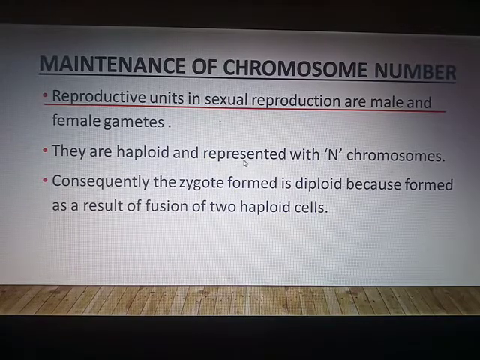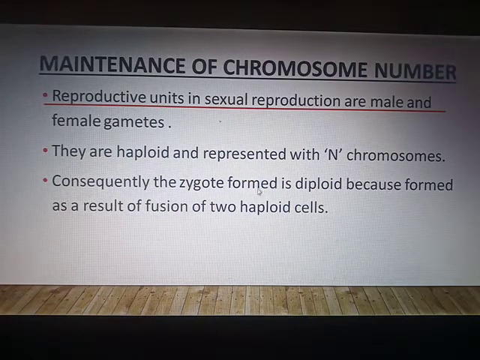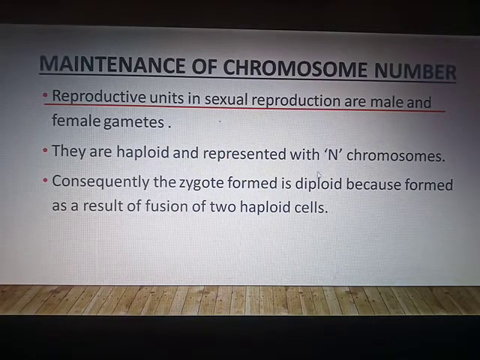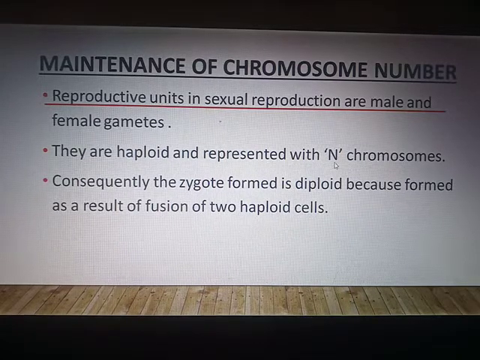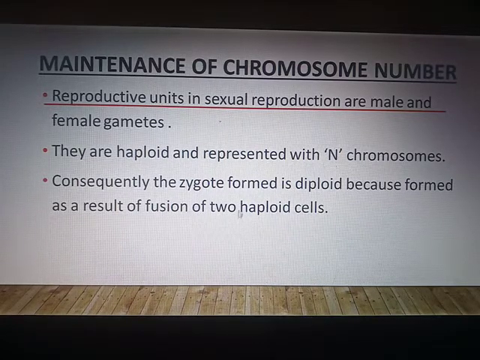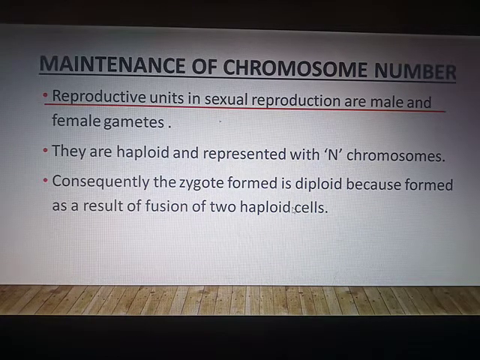Consequently, the zygote formed is diploid because it is formed as a result of two haploid cells. Students, as we all know, when two things are added, it forms double. Clear? So when two N chromosomes are added, they form double haploid cells.